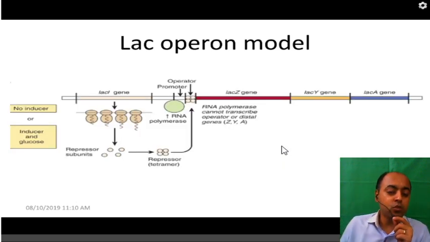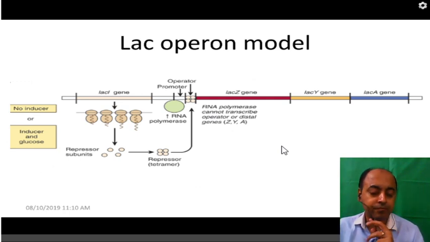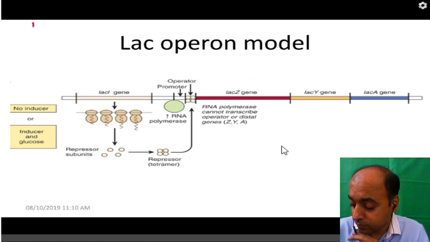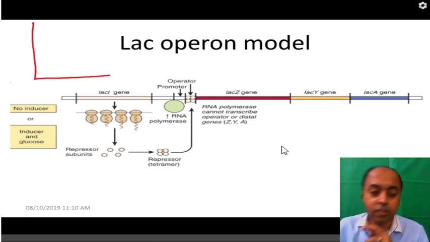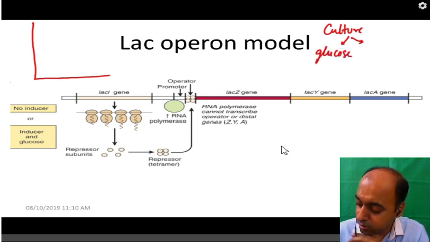I'll quickly explain what is happening in the lac operon model and then we can write some additional points. See what happens normally. You take a culture of bacteria and you give it two fuels simultaneously, glucose as well as lactose.